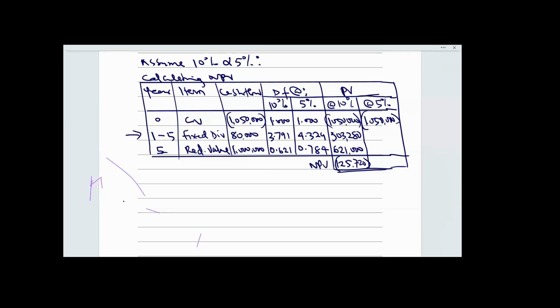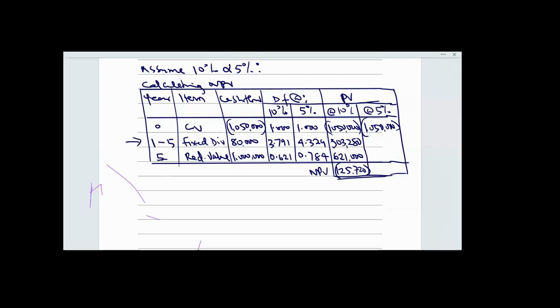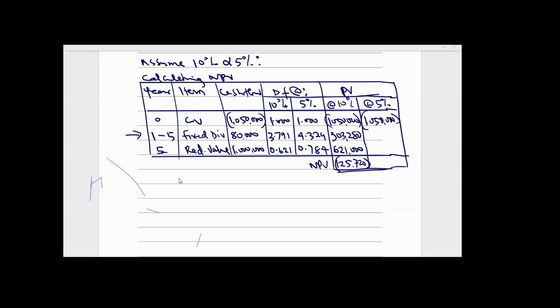So let's calculate the present value. 80,000 multiplied by 4.329. What do you get? 346,320. Then 1 million multiplied by 0.784 will give us 784,000.